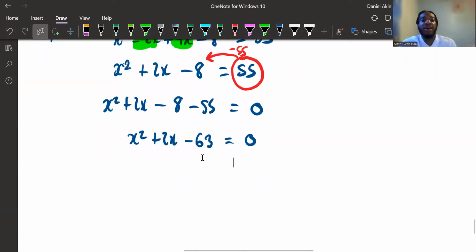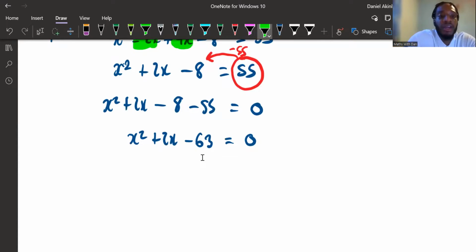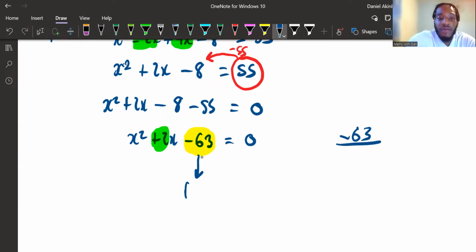And from here, we can now factorize, right? So remember, the key thing, we look at this middle number here, which is a +2. We look at this number at the end, which is a -63. Always notice I'm always highlighting the sign with it as well. So this is a -63. So we're looking for two factors of -63, which adds to make a +2.